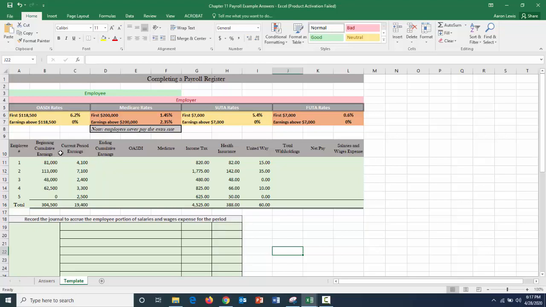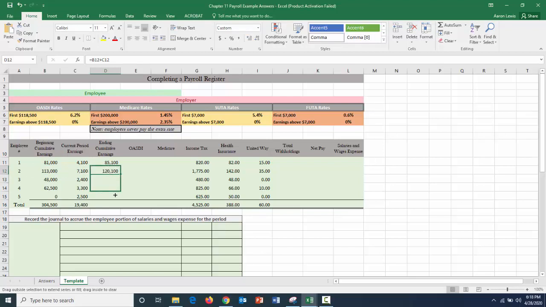Well, when you add to it what they've earned during the period, that gives you what their cumulative earnings were for the year. So employee 1 started with $81,000 in earnings, and he or she made $4,100 during the period. That's $85,100. Employee 2 started with $113,000, made $7,100 during the period, so he or she now has $120,100 in earnings.